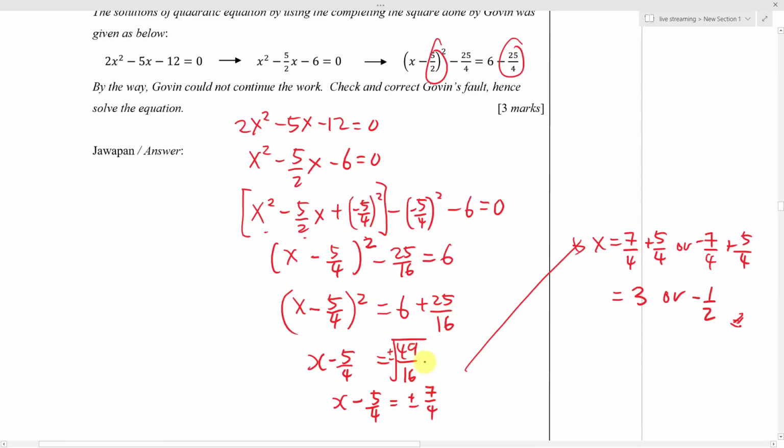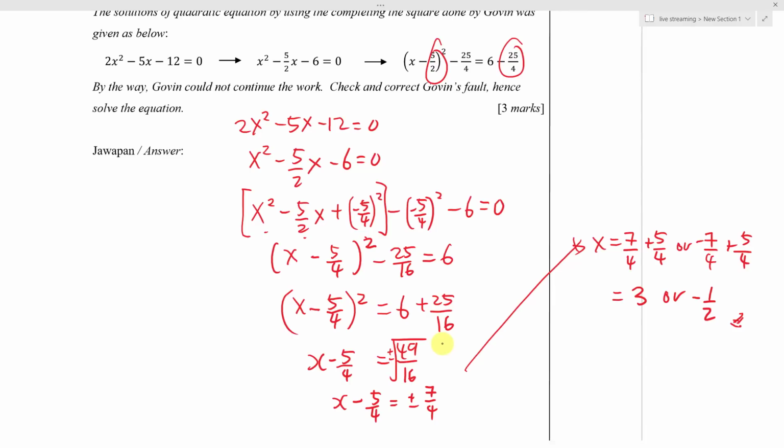Square root, 7 over 4, and then move plus 5 over 4. 7 plus 5 is 12 over 4. Plus 6 is 25 over 16. 25 over 16, move to the other side. Oh, it's not 49, isn't it? Yeah, this story tells me that I should really use a calculator.